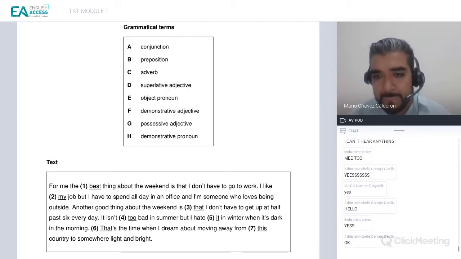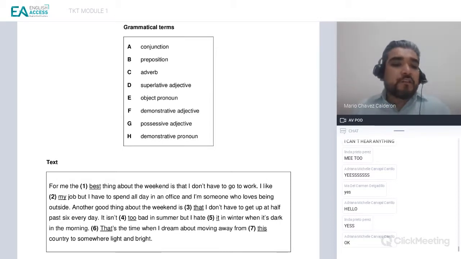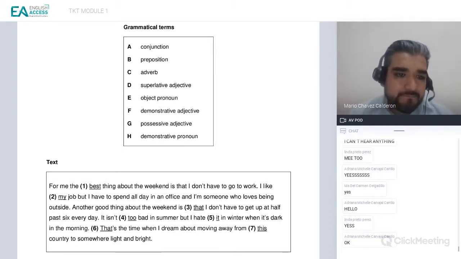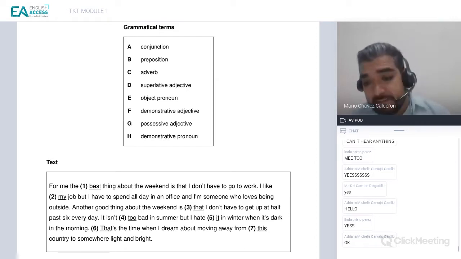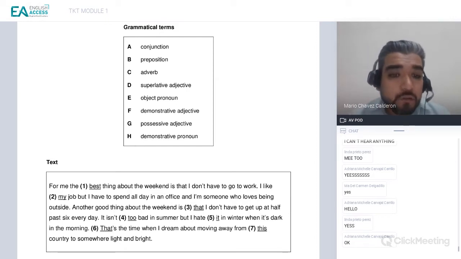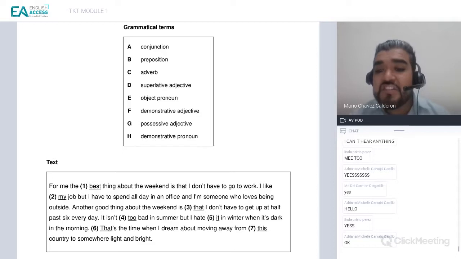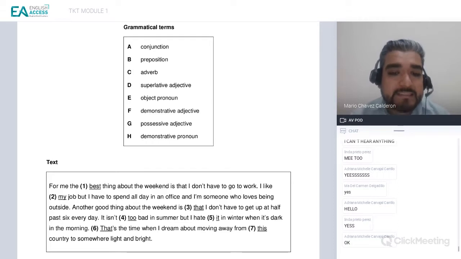So, we have number 2. I like my job. My is a possessive adjective. So, number 2 is letter G. Number 3. Another good thing about a weekend is that. That is a demonstrative adjective.